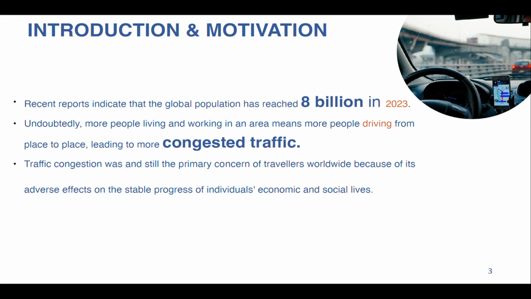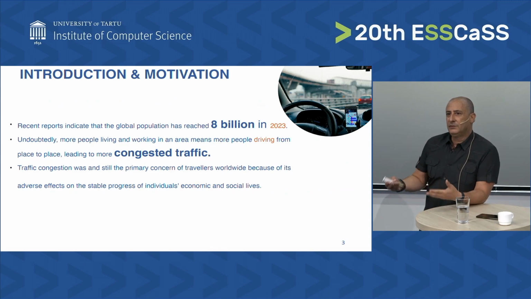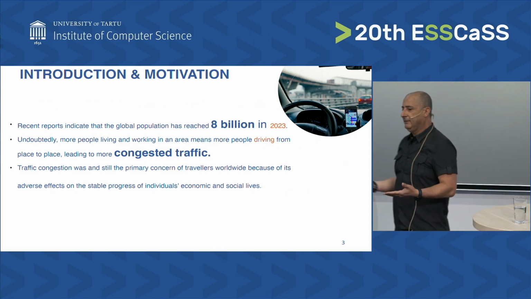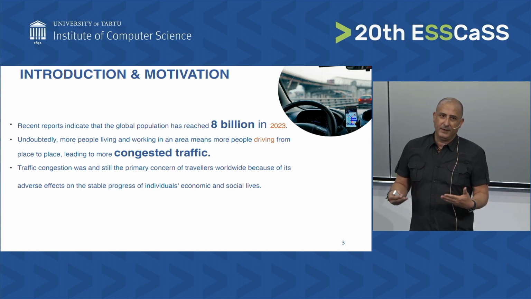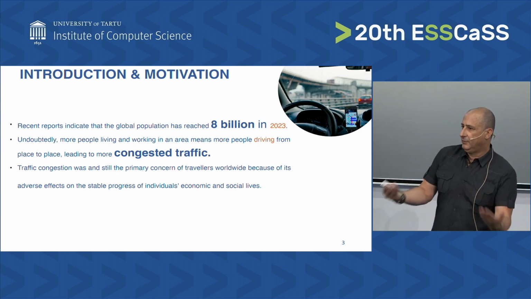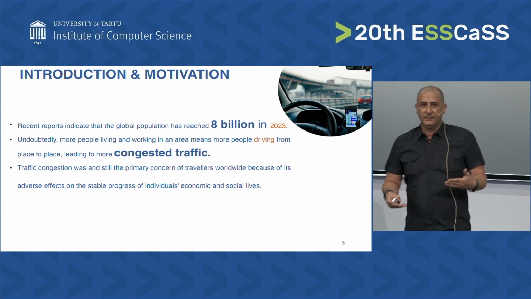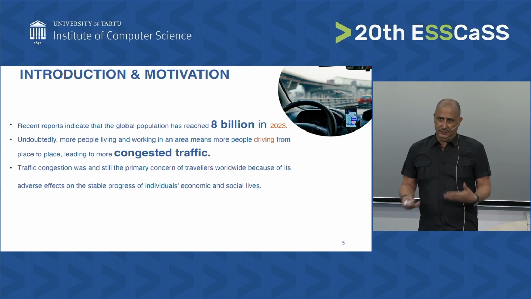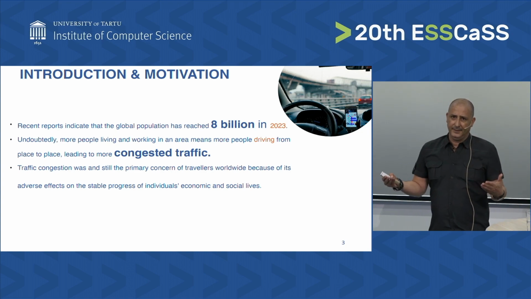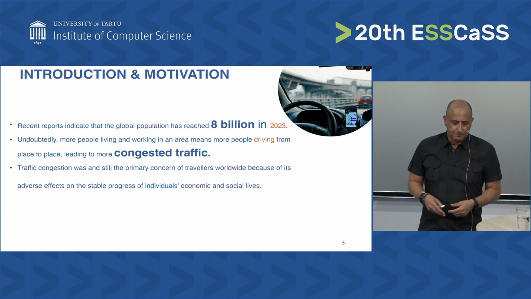So the current reports indicate that the global population would reach 8 billion in 2023. Most of this population is working and living in cities. So you need to commute from your residence to work, and then you need to take your car. This commuting activity obliges you to put more traffic on the roads.